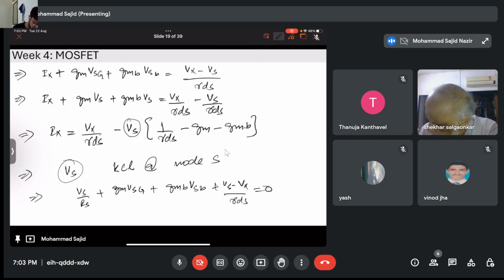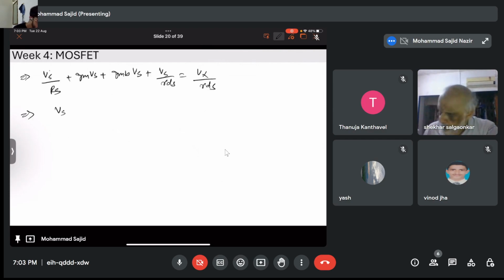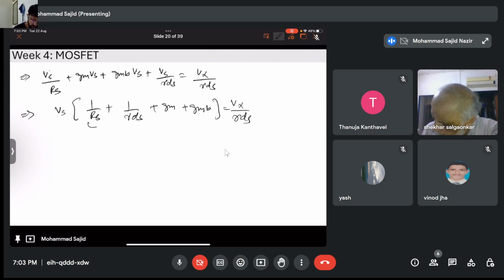So Vs times (1 by Rs plus 1 by Rds plus Gm plus Gmb) is equal to Vx by Rds. Let me denote the bracket as alpha. So my Vs is Vx by alpha Rds.